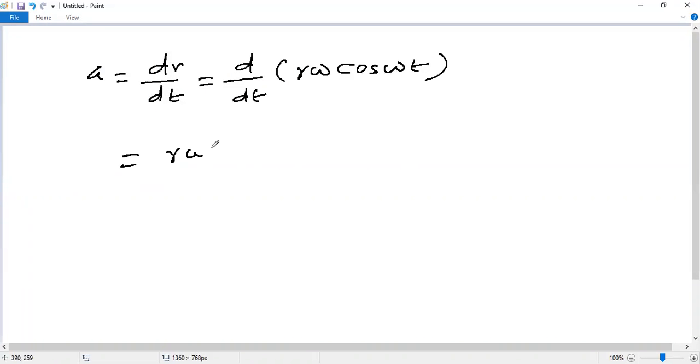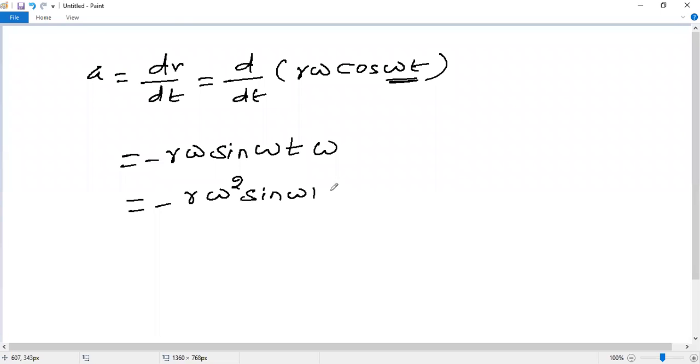R omega is constant. Cos omega t means you will get minus sin omega t. And differentiating omega t, it is omega. So you will get minus r omega square sin omega t. This is the acceleration, equation number 3.